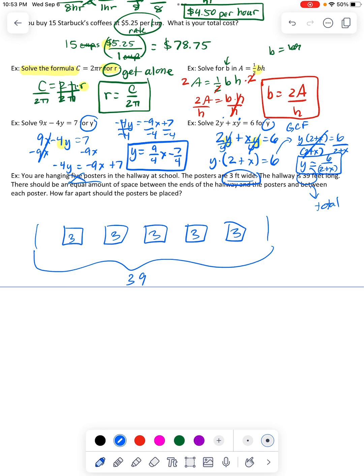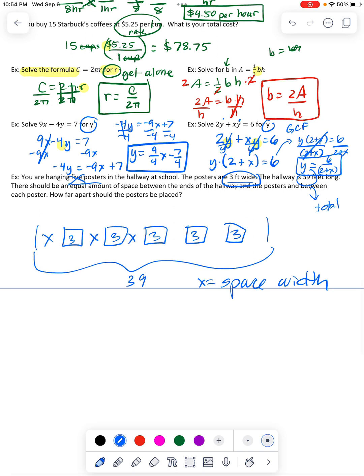So I'm going to call it x. And x is going to represent the space width for each of them. And it wants them all to be the same. It's not like, oh, they're double or triple. They're all the same between the posters and then between the last poster and the wall.